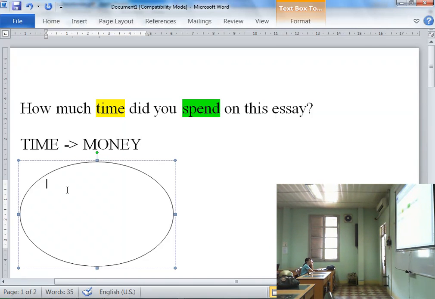Now put your focus on the domain of money. What can you do with money? You spend money, right? What else? You earn money. You invest money. Save money. What else? Waste.